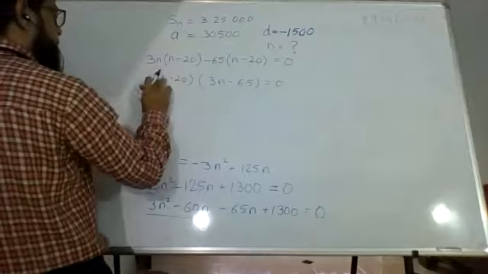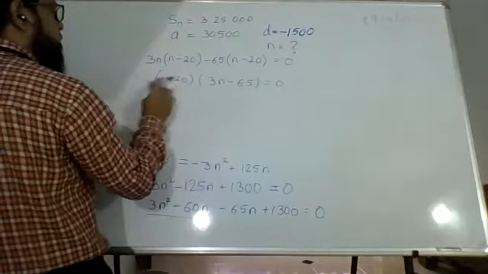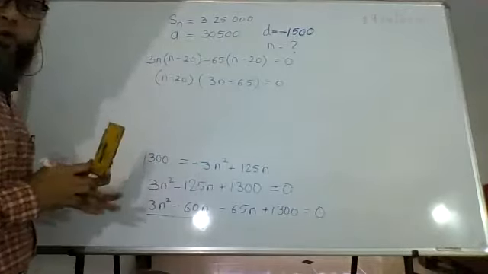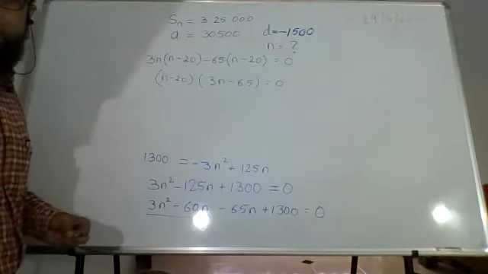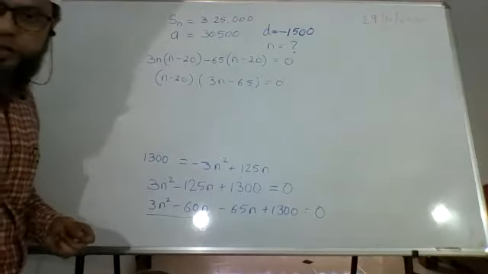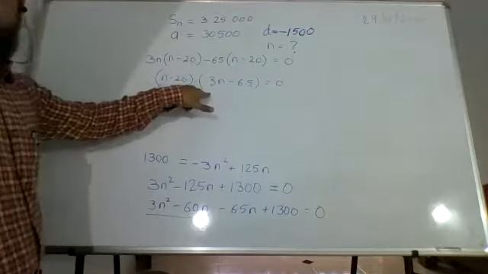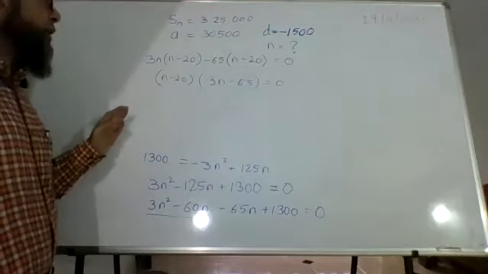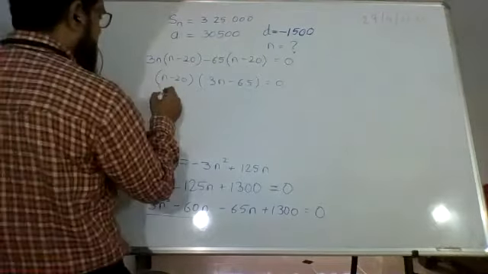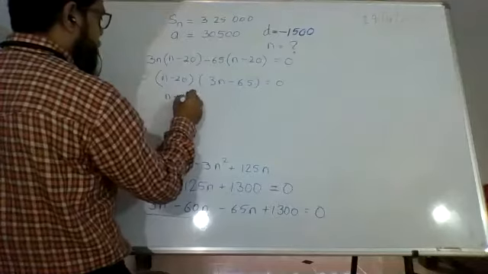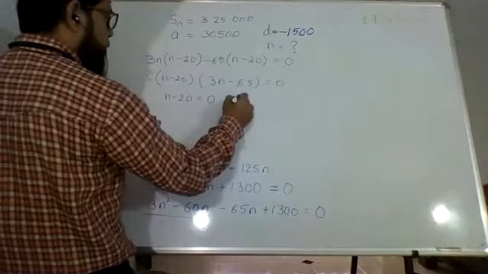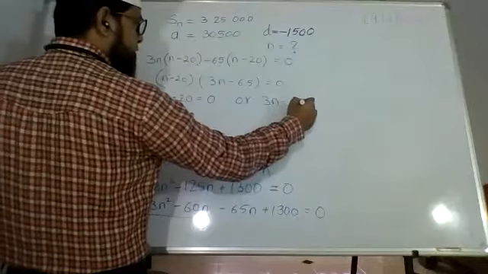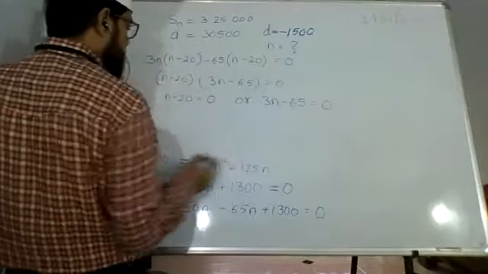Now, as you all know, if the product of two numbers is 0, that is only possible if one of the two numbers is 0. One of these two numbers has to be 0, otherwise you cannot get 0. So we'll say n minus 20 equal to 0 or 3n minus 65 equal to 0.